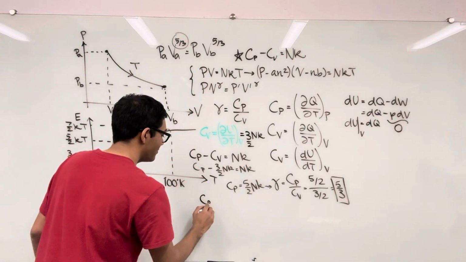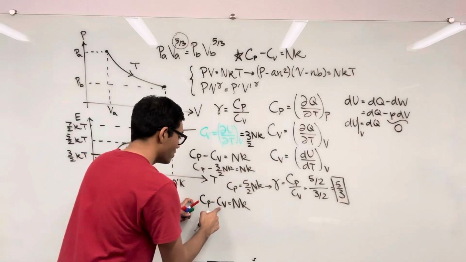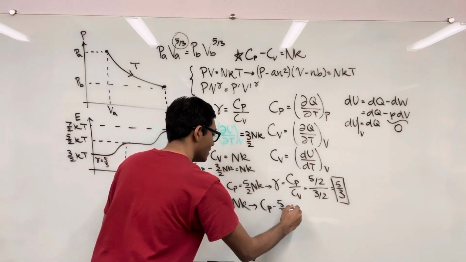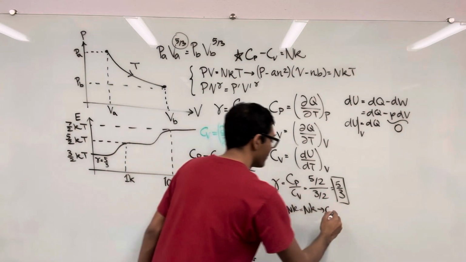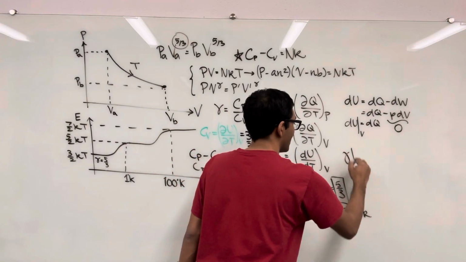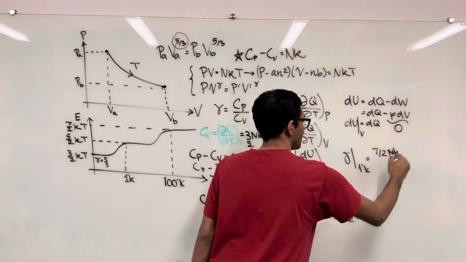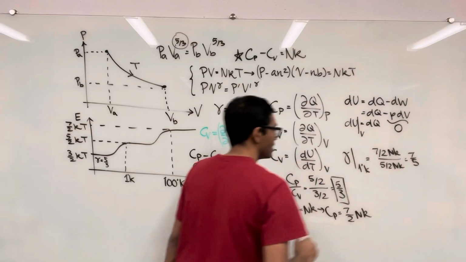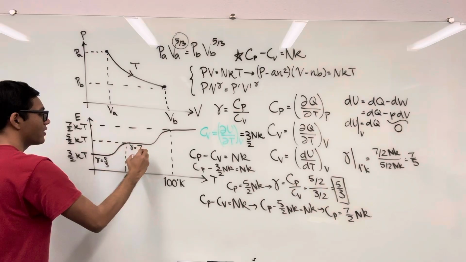So again, using Cp minus Cv is Nk, and knowing that Cv is now going to be 5/2 Nk, now I know that Cp at about 1 degree Kelvin is going to be 7/2 Nk, meaning that gamma at about 1 degree Kelvin is going to be 7/2 Nk divided by 5/2 Nk, which is 7/5.